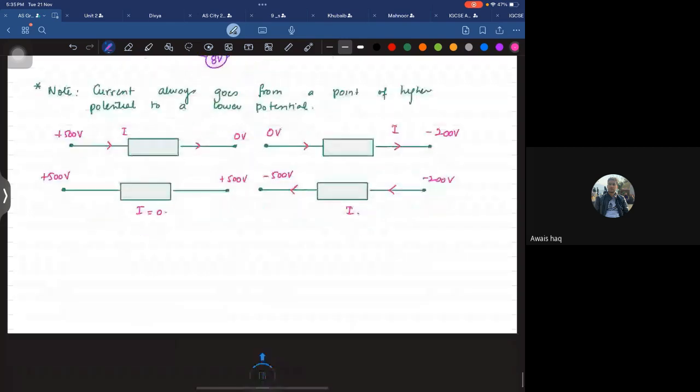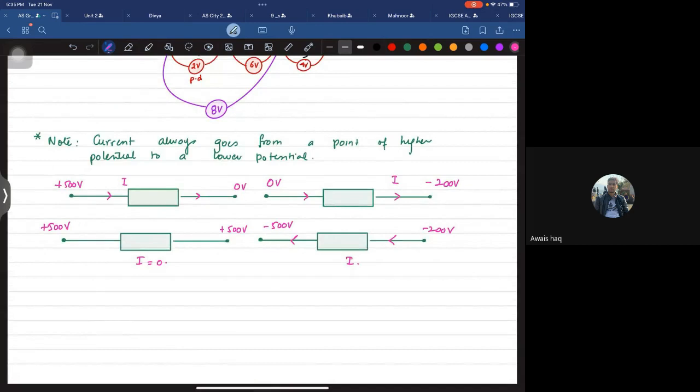Now, generally, questions like these are given. Suppose there is a question which says points A and B are connected with an ammeter which shows a zero current.